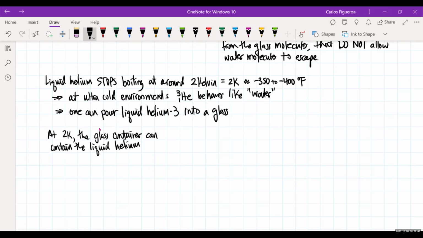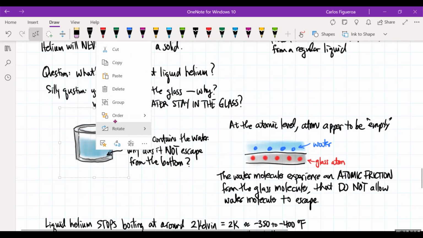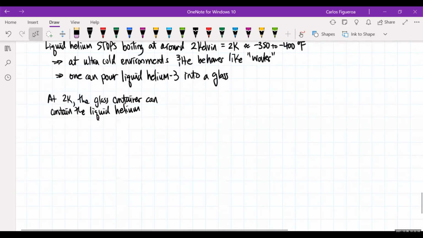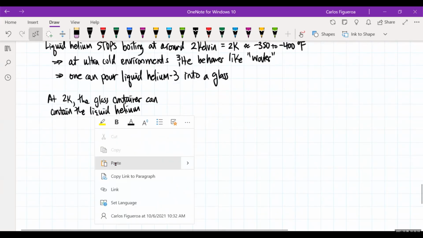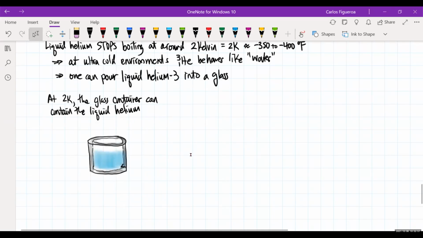So that means if I have my container, which I'm going to steal from up here to save time, what you're seeing down here is that no helium leaks through the bottom.